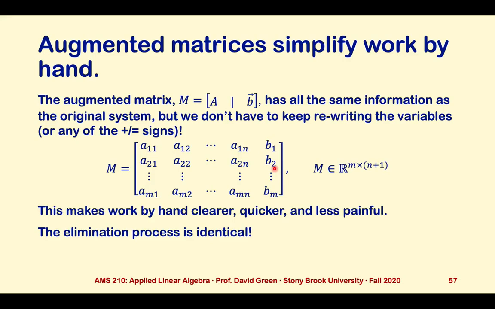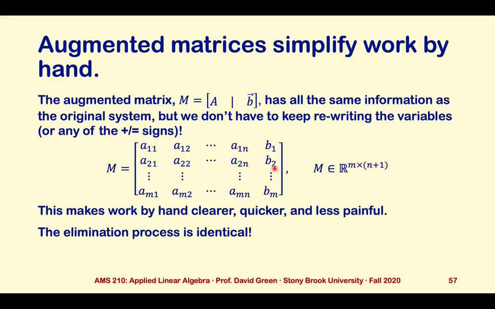It makes it faster because you don't have to write out all of the variables in every equation. This is especially true for large systems, and less even physically painful as you get less cramps from doing the writing.